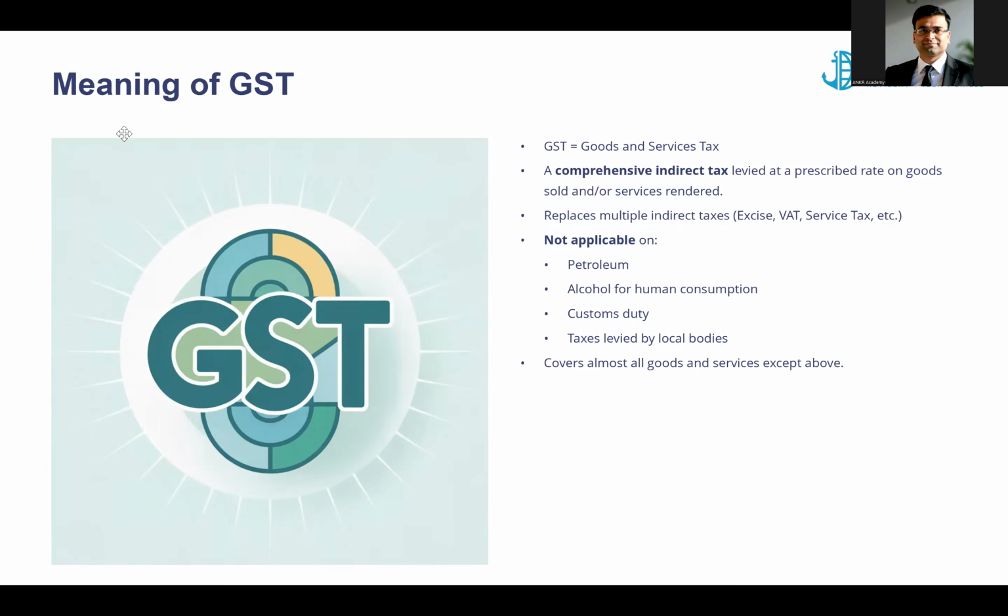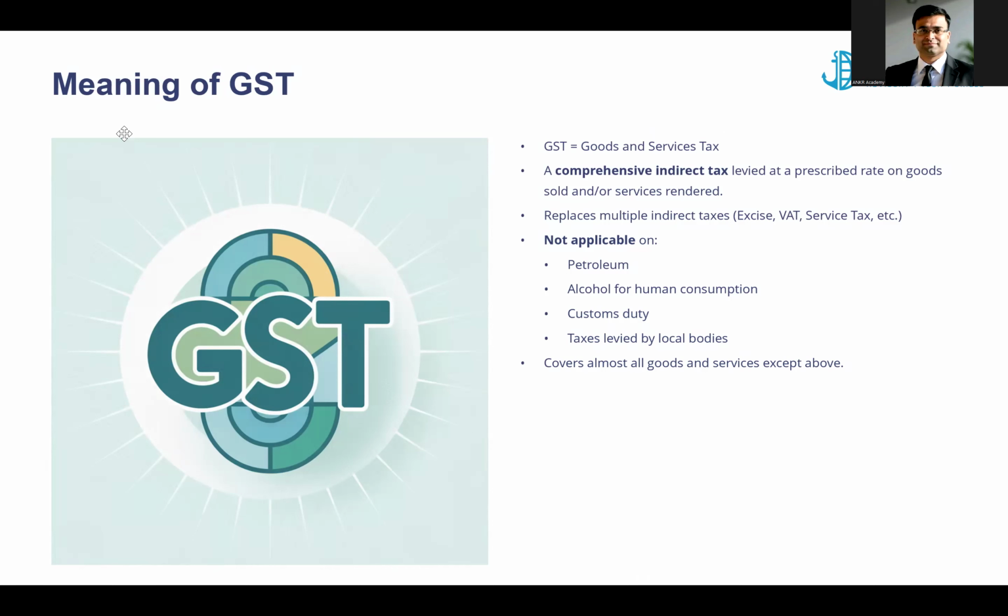Basically, it is goods and service tax. It's a comprehensive indirect tax, which is levied on all the goods and services rendered. Previous to GST, there were multiple taxes like excise, VAT, service tax, and so on and so forth. A lot of local taxes also.